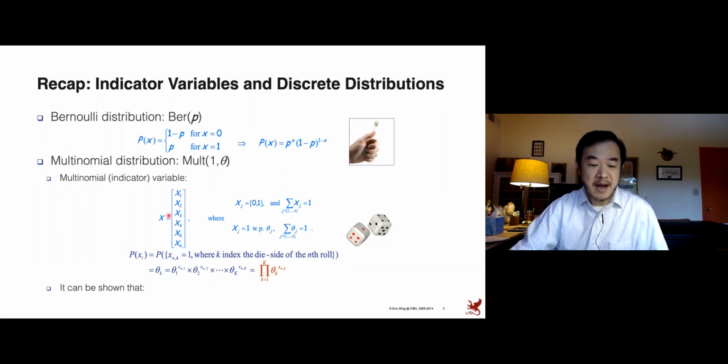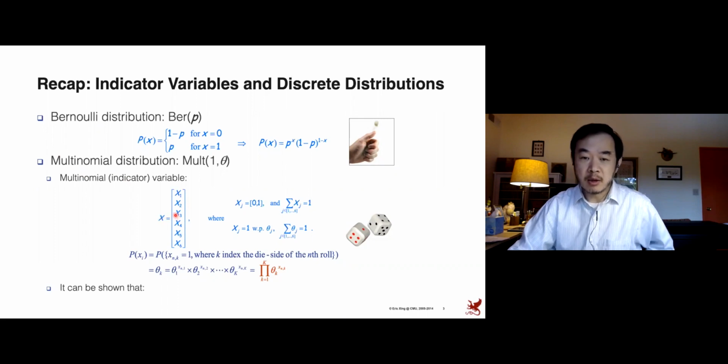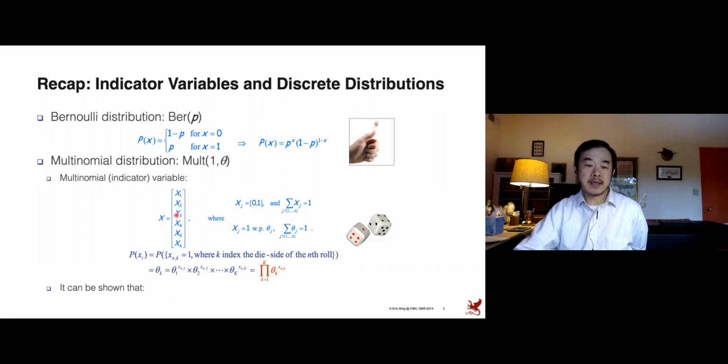And the value of this random variable is often described not by a numerical discrete value like 1, 2, 3, 4, because if you do that, it will make a lot of the calculation more complex. For example, how to compute an average between 1, 2, 3, 4, 1, 5, 6, right? But if you use the one-hot representation, or indicator variable representation, you have the number of dimensions equal to the number of possible outcomes, and on each dimension you have a binary indicator indicating the presence or absence of that event.